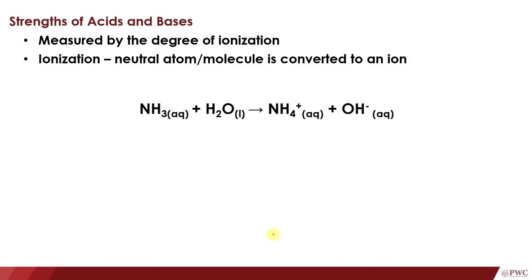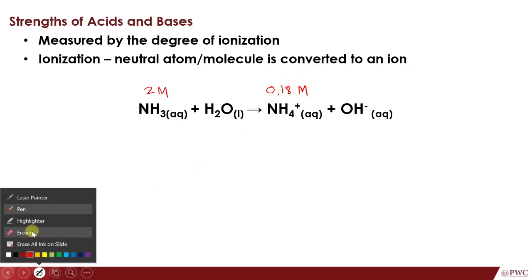The same is true for bases. Here we have ammonia reacting with water to form ammonium and hydroxide. Let's say we have 2 molar of ammonia, and this produces, let's say, about 0.18 molar of... okay, sorry.